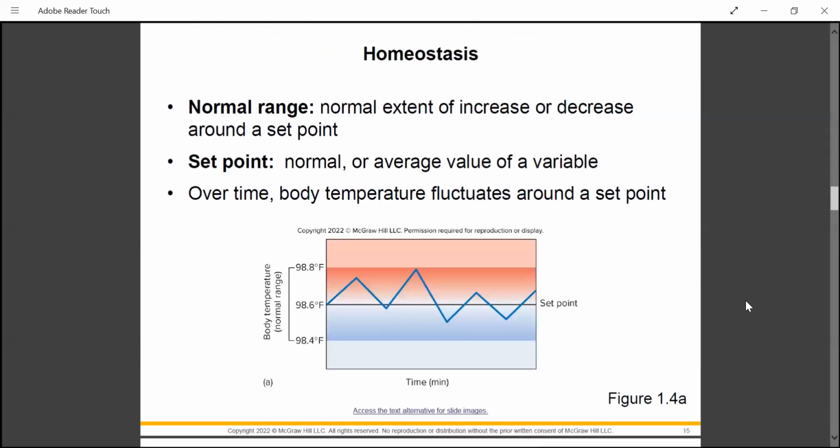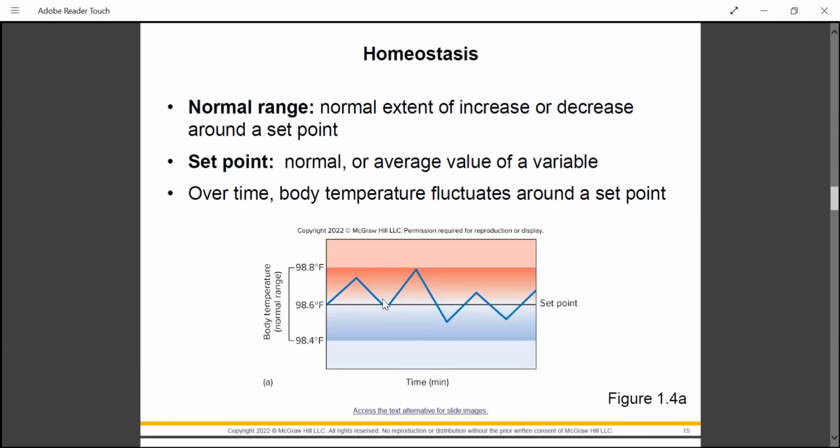As I said, our body wants to function in a normal range. This is the normal extent of increase or decrease around a set point. Our set point is our normal number or our average value of a specific variable. As I said, we'll talk about temperature as our example. Our set point is 98.6.